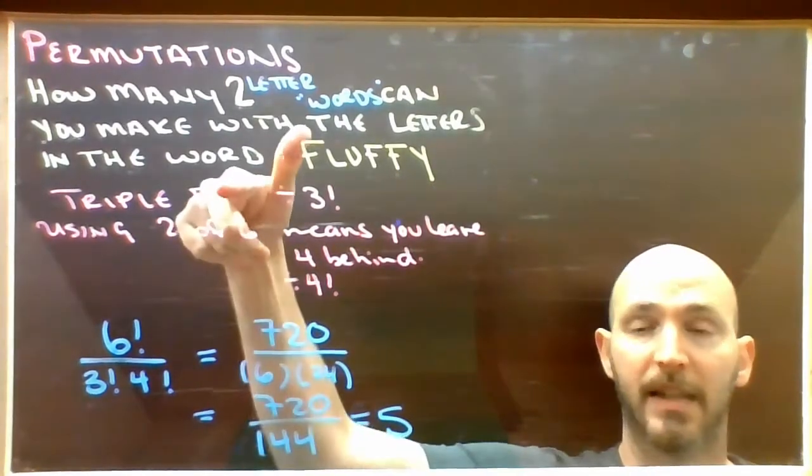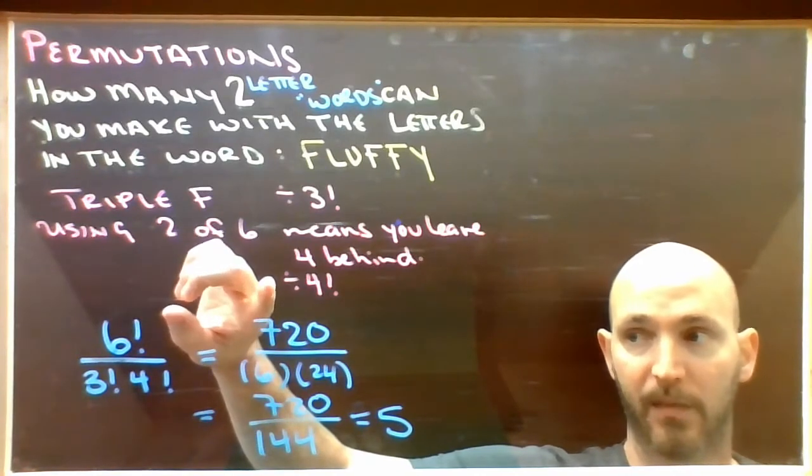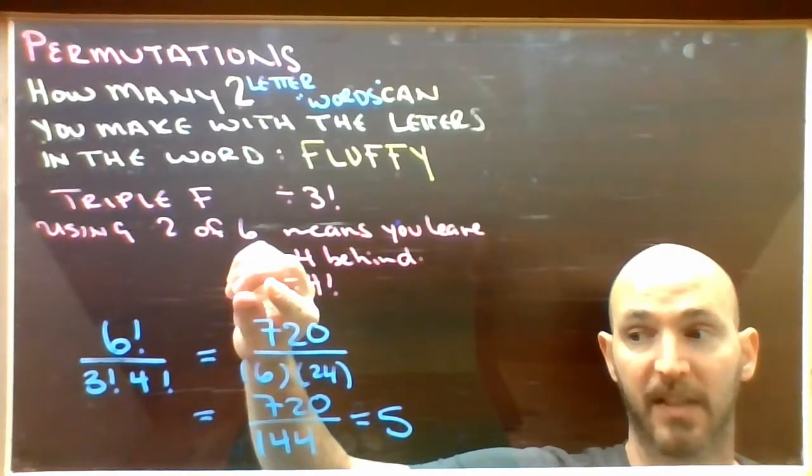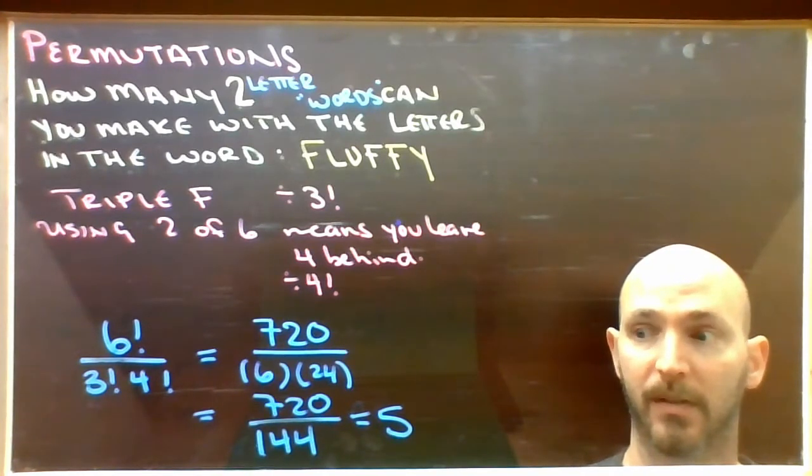So if I apply this technique of getting rid of the triple F's and this technique of getting rid of the shufflings of the 4 letters we leave behind, I should end up with 5 possible 2-letter words.